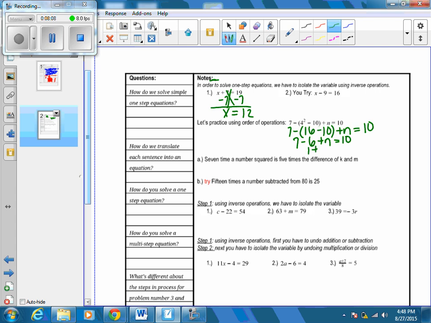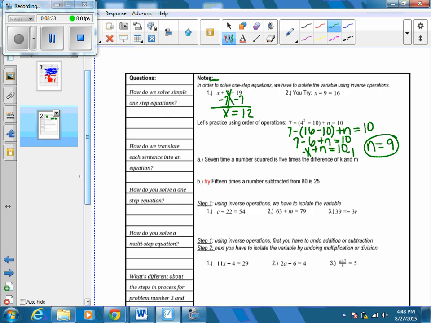So I have 1 plus n equals 10. Now I have a simple equation to work with, but 1 is being added to n, so in order to get rid of that 1, you have to subtract 1 from both sides. Then when I subtract them, I get that n is equal to 9 as my answer.